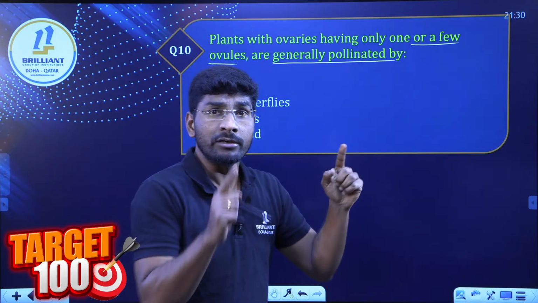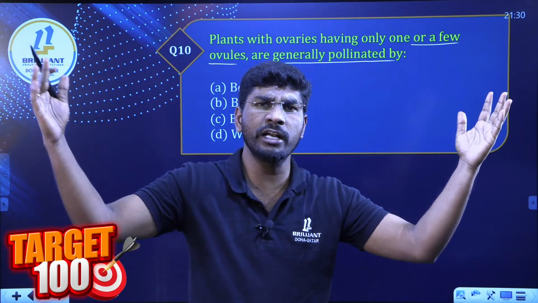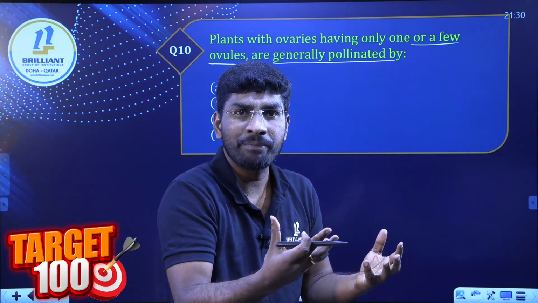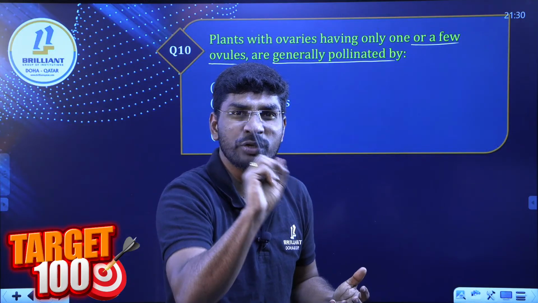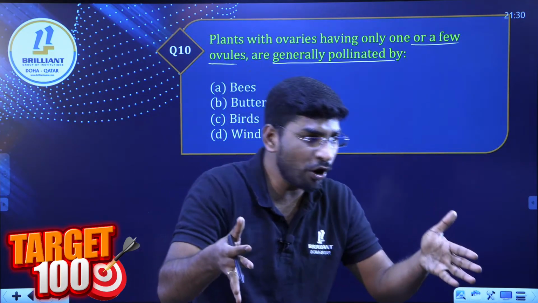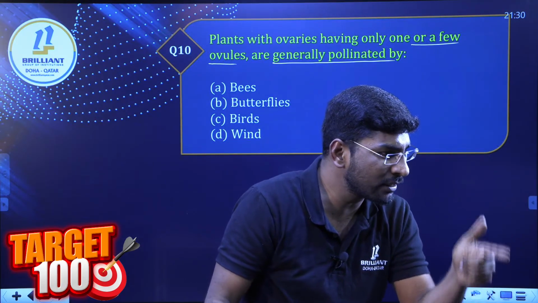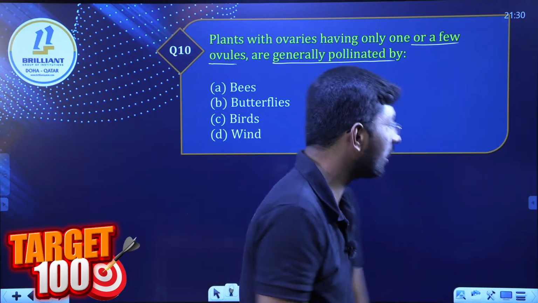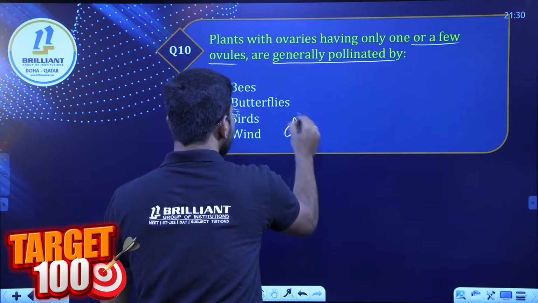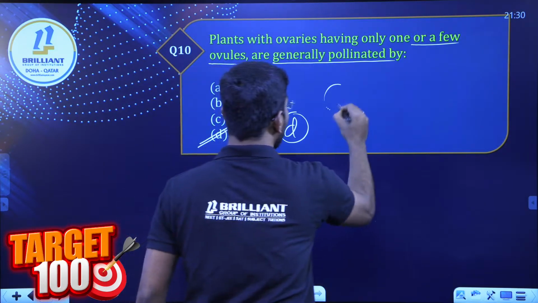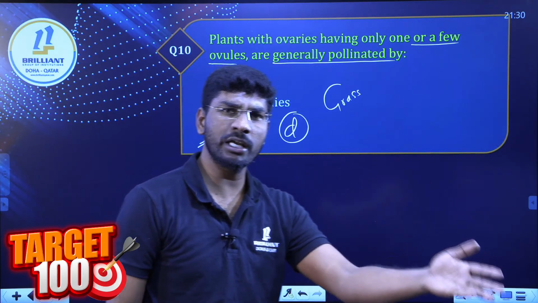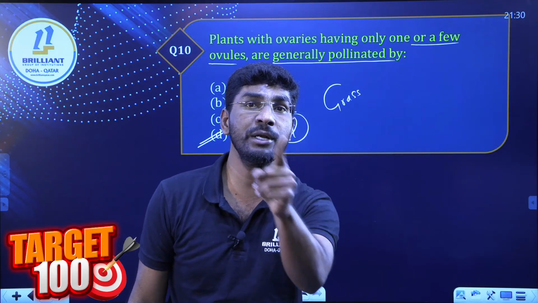Dry pollen grain, large number of pollen grain, winged pollen grains, feathery stigma, exposed stigma, single ovule are characteristic features of anemophily, that means wind pollination. Simple example of wind pollination is the grass family: wheat, maize, sugarcane.